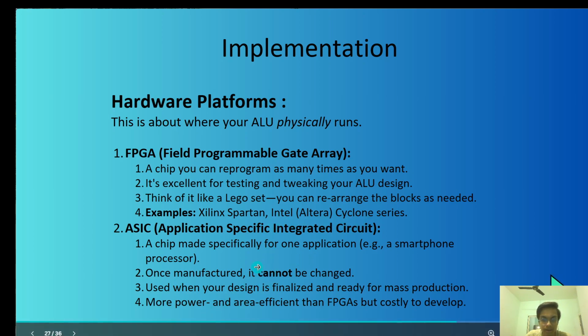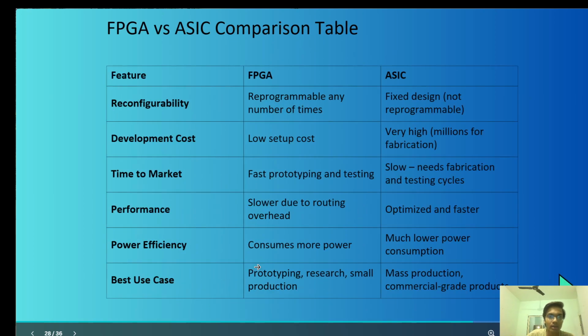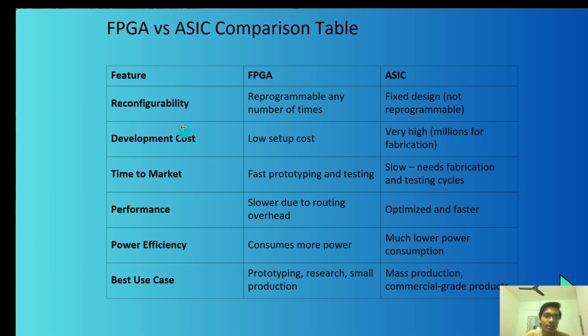We are going to discuss a comparison. Reconfigurability: an FPGA can be reconfigured as many times as needed because it is used for testing purposes, while an ASIC cannot be reconfigured; it is made in bulk, so we can configure it only once. Development cost: an FPGA has a low cost, while an ASIC has a huge cost as we are going to make millions in fabrication. Time to market: an FPGA allows fast prototyping and testing.